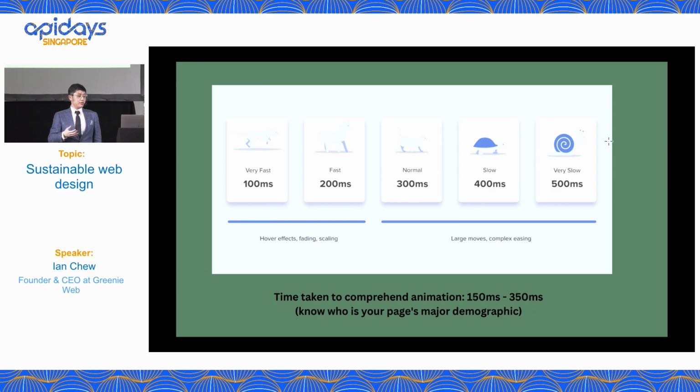And the speeds that you see below, 100 milliseconds, 200 milliseconds, 300 milliseconds, are all animation speeds. The time taken to comprehend animation on a web page, on a website, is about 150 to 350 milliseconds. One of the things that we realized, to our surprise, is that there are some web pages whose animation speed is actually 100 milliseconds.